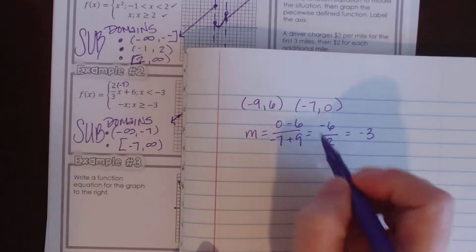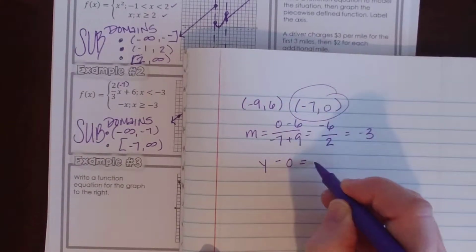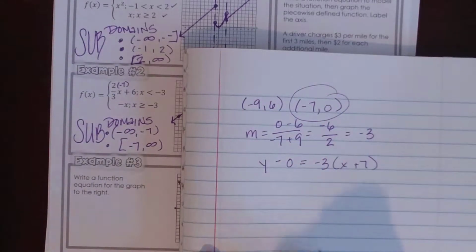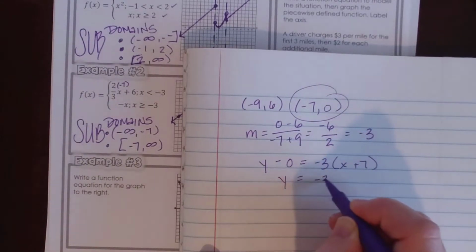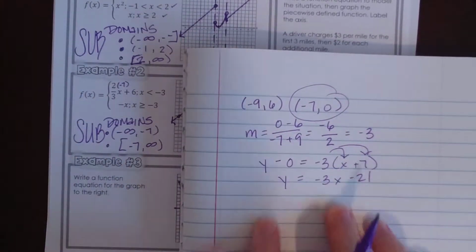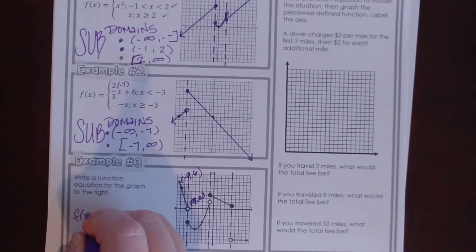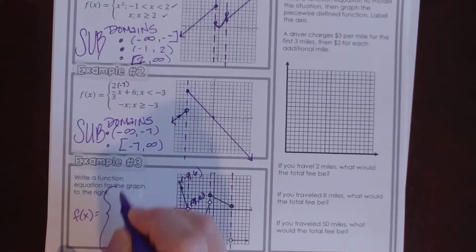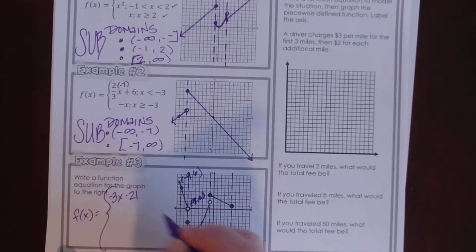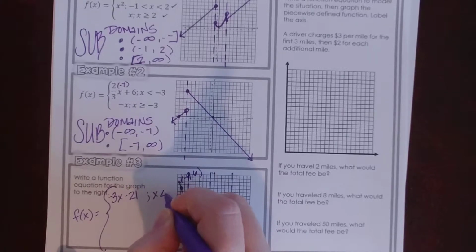All right, now I'm going to plug that into y minus y1 is equal to -3 times x minus x1, so minus a -7. So y is equal to -3x minus 21. So my first piece of my piecewise function, f of x is equal to -3x minus 21 only when x is less than -7.